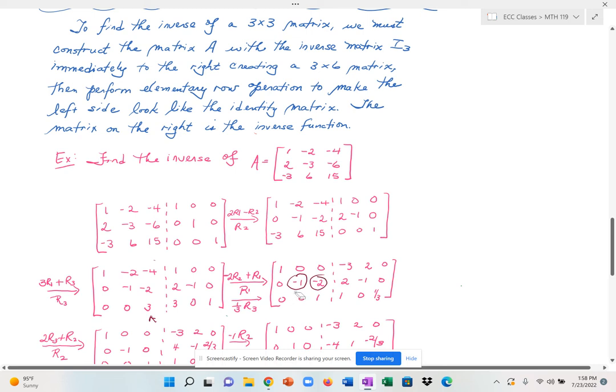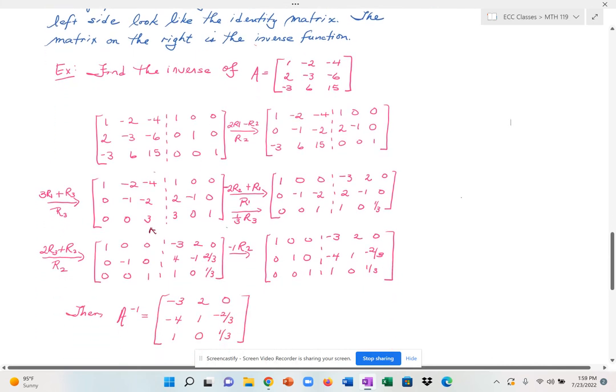Okay, so changing the -1 to a positive 1 is pretty easy. But to get rid of that -2, I'm going to multiply row 3 by 2 and add it to row 2. So when I double this becomes a 2. And so when I add it to this one, it will cancel it and it will become a 0. So again, copy the rows that are not changing.